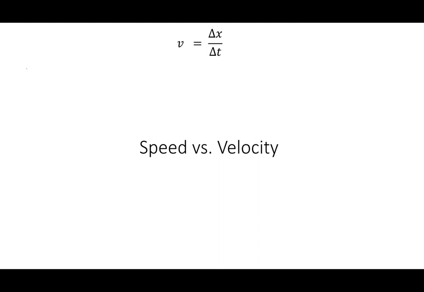Here are the equations. You're going to have velocity, which is v equals x divided by t. I'm going to remove the delta signs, which are these triangles, just to simplify it. We also need an equation for distance.